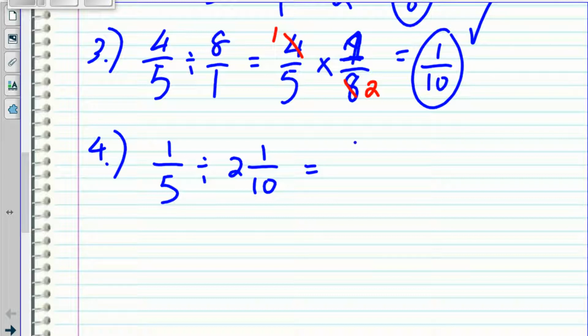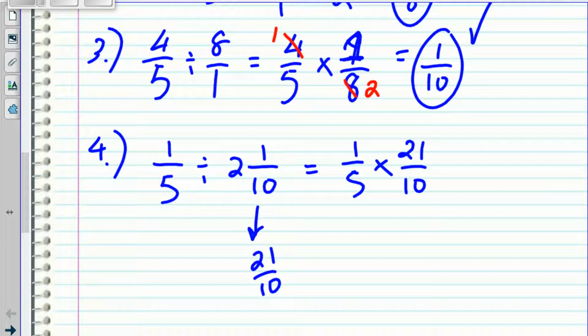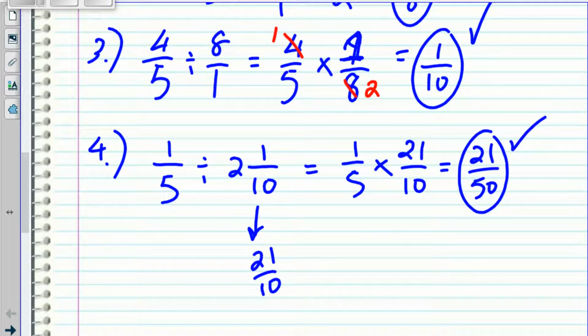So keep. Now you gotta change this first. By the way, you can change the division and multiplication, but you gotta change this first. What would that be as an improper fraction? Yep, 21/10. Nothing to cross cancel. 21/50. That's exactly how you do it.